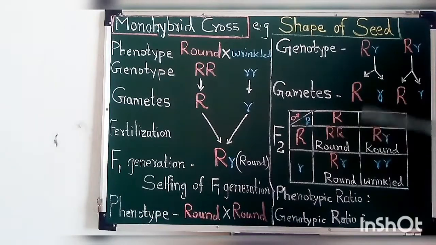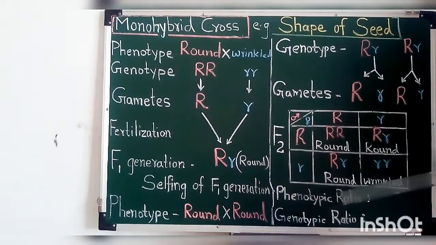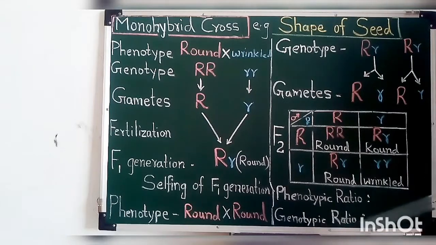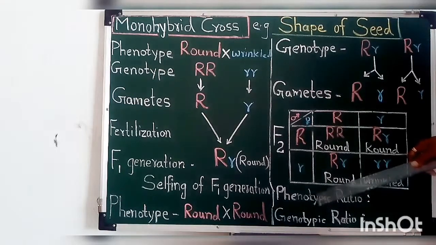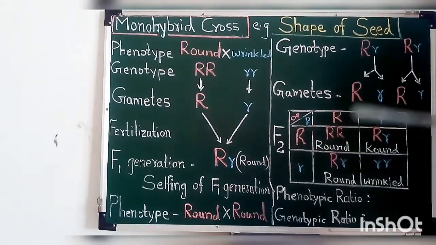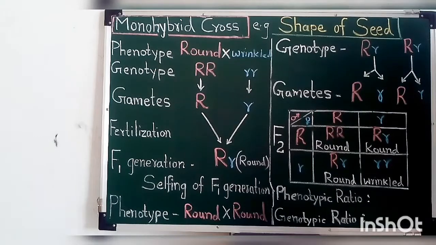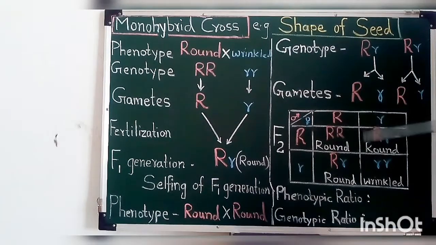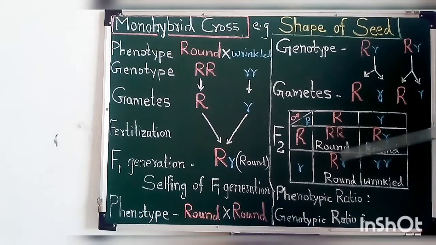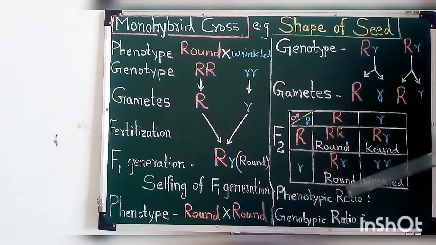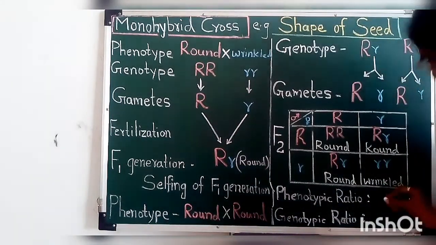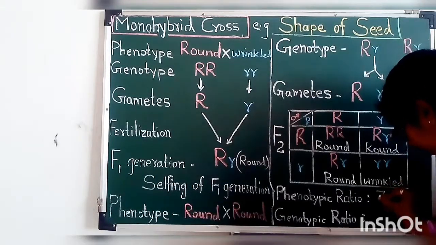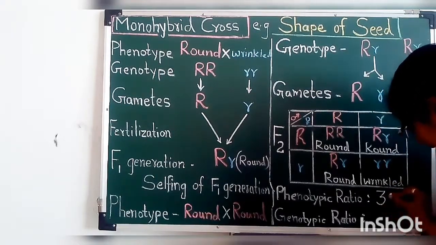On the basis of this, we have to calculate the phenotypic ratio and the genotypic ratio. Now the word phenotypic is related to phenotypic characters, that means the external appearance of the individual, how it appears. So out of 4, the 3 plants, 1, 2 and 3, show round shape of seeds. That means for the phenotypic ratio, for the round shape of seeds, since they are 3 in number, we'll write the number 3.